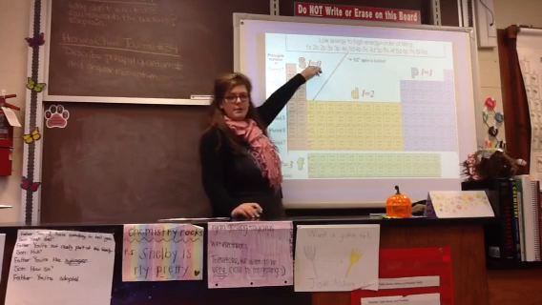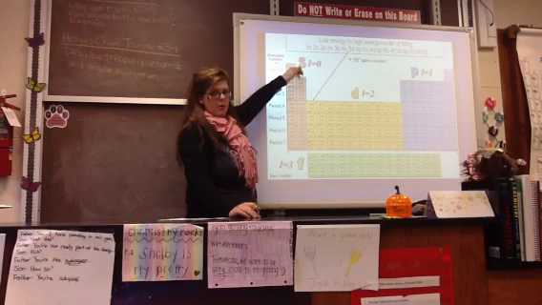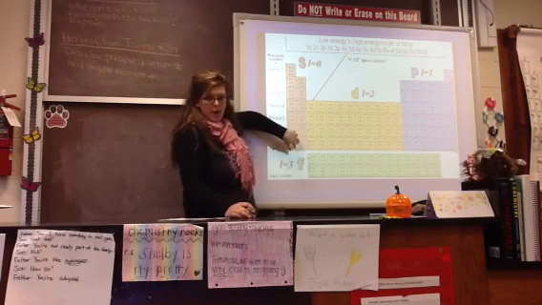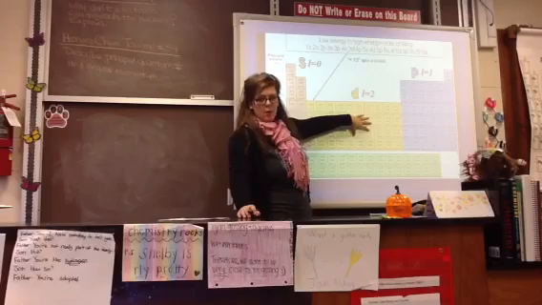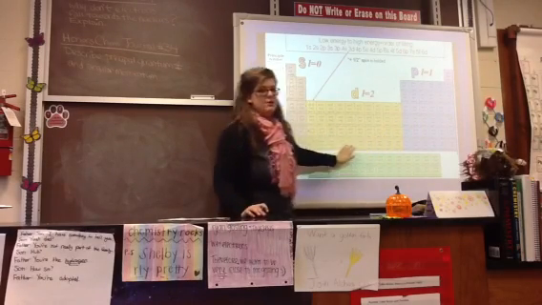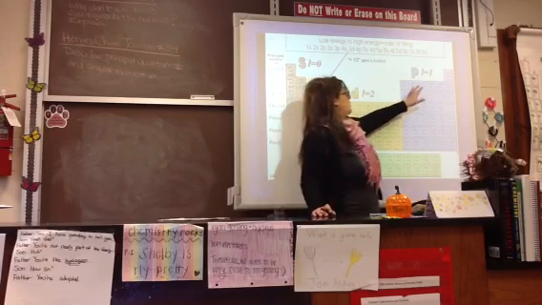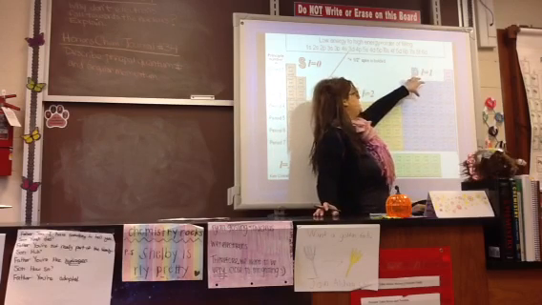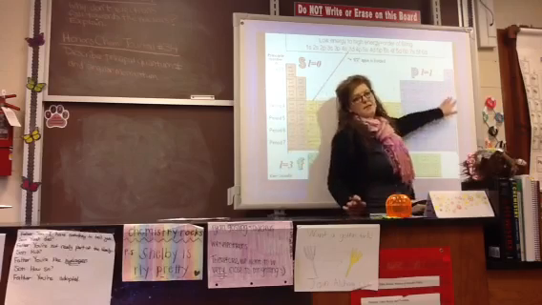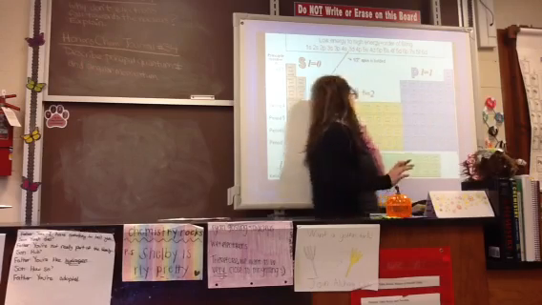So when L equals 0, we're in the S orbital, or S sublevel, within these 2 columns. When L equals 2, we're in the D orbital, somewhere within the transition metals. When L equals 1, we're in the P orbital, somewhere in these 6 columns.